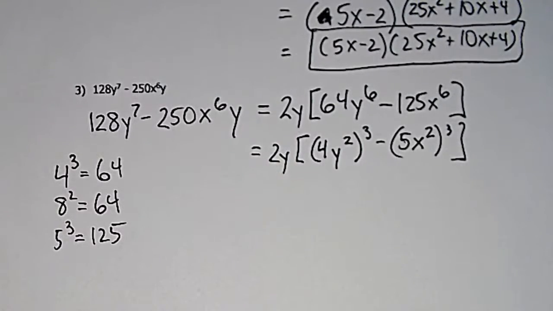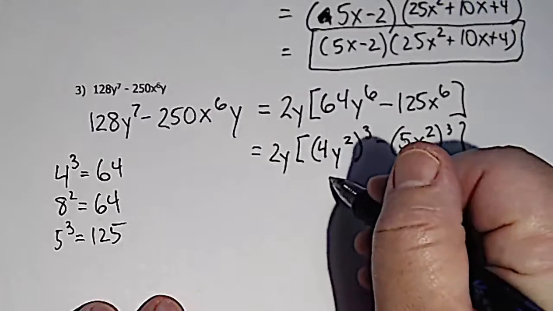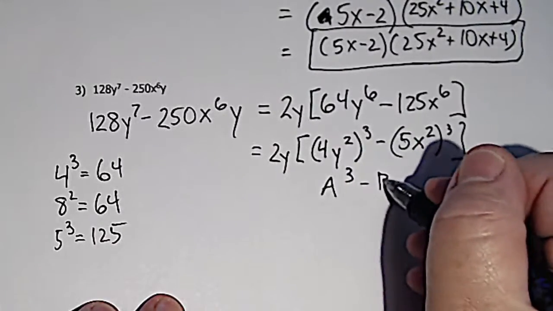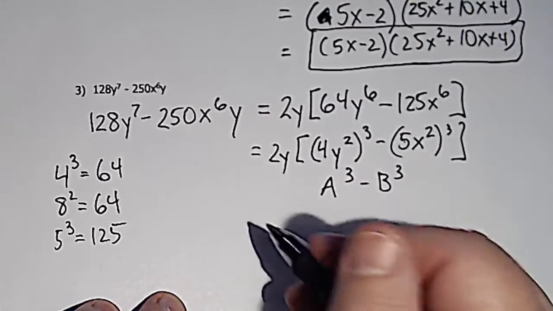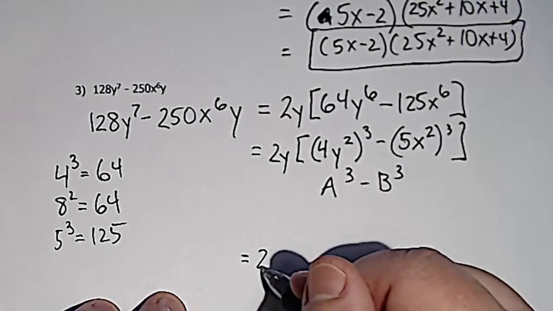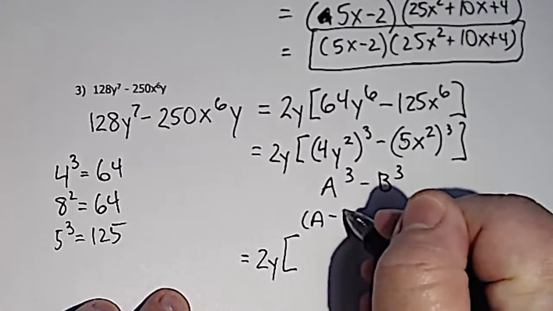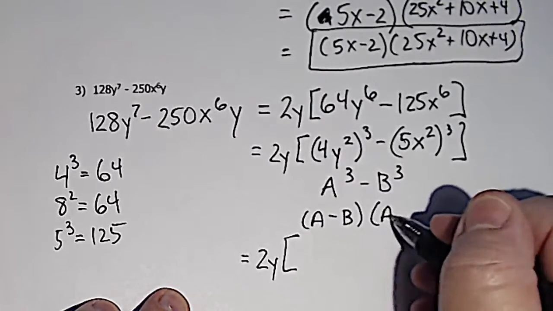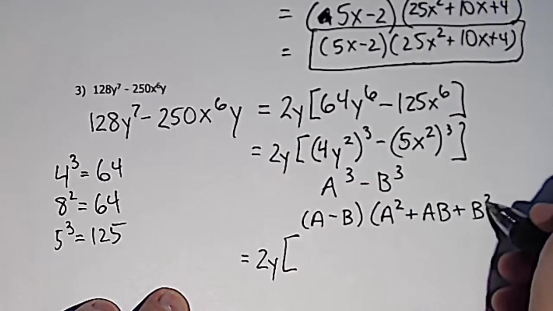Okay, you guys ready? This is super fun. So this is a cubed minus b cubed. So what's that going to be equal to? It's going to be 2y times, and we're going to write a minus b times the quantity a squared plus ab plus b squared.